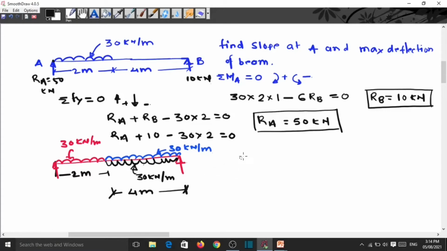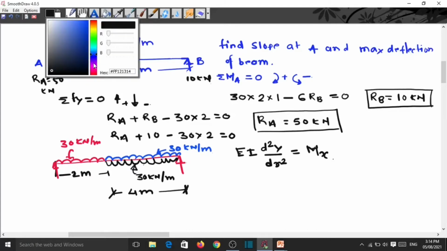Now here we know EI d2y by dx square is equal to M_x. So for the method we have to apply the sections. Here we are going to apply the sections.